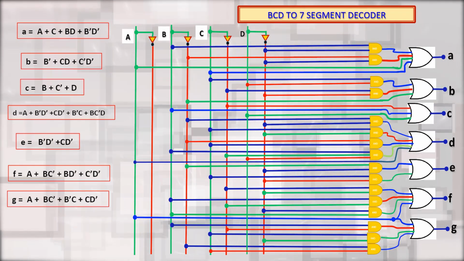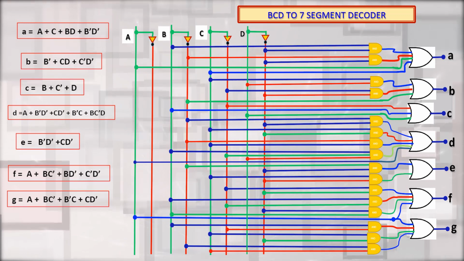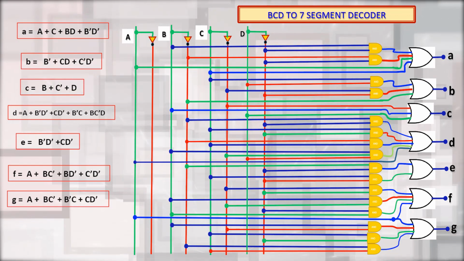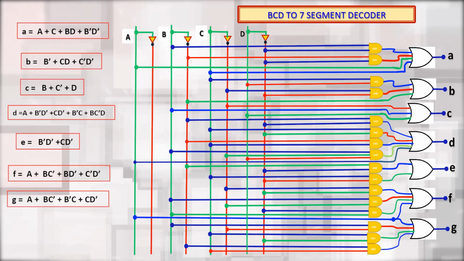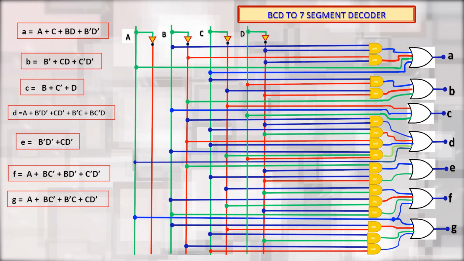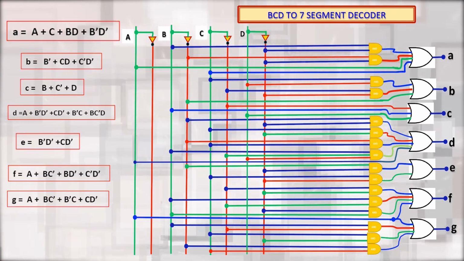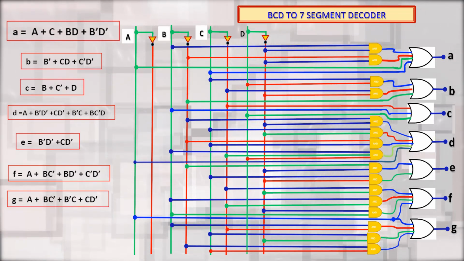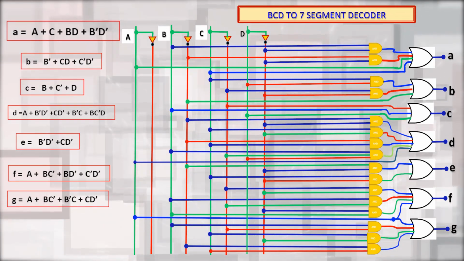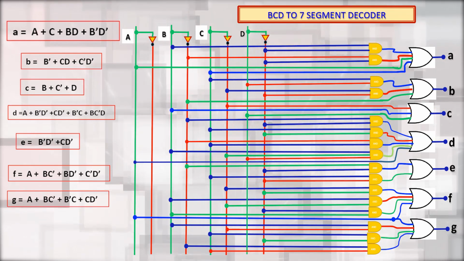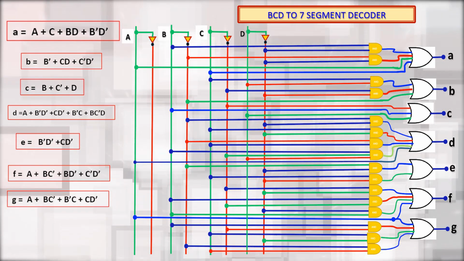Now, we have to design a combinational circuit by which we will be able to realize this BCD to 7 segment decoder. To realize segment A, we will be needing one OR gate with 4 inputs, and 2 AND gates of 2 inputs.